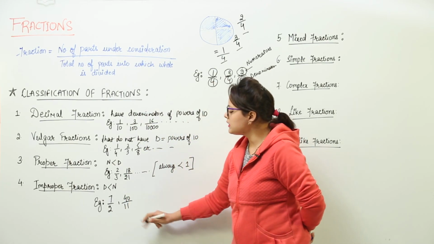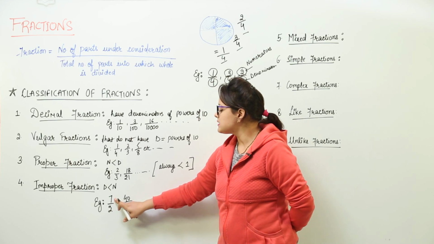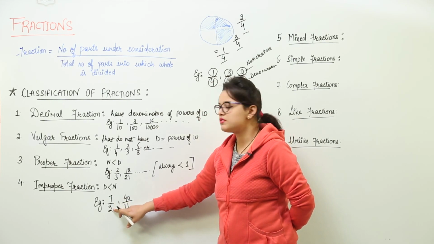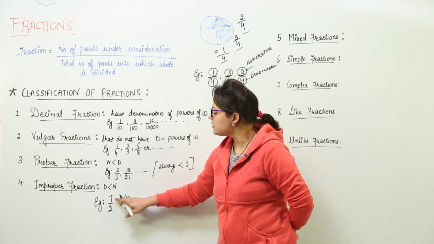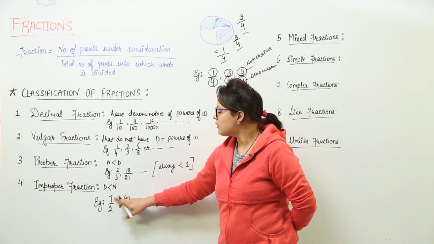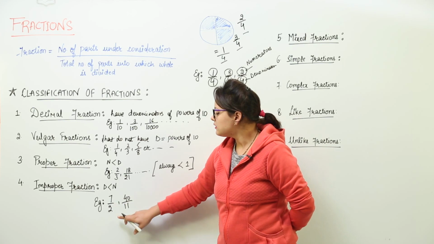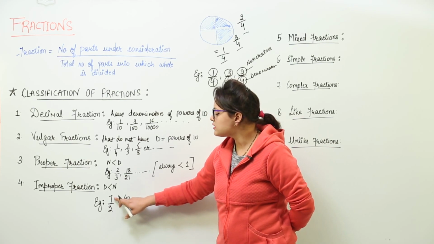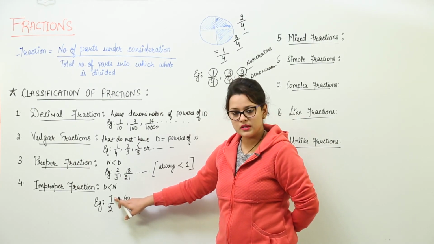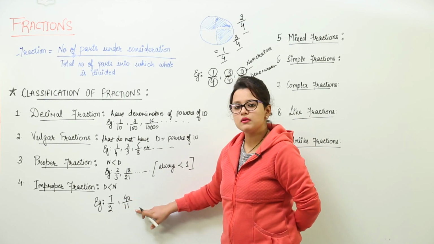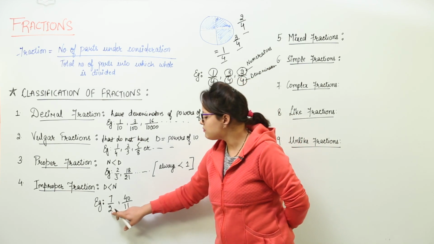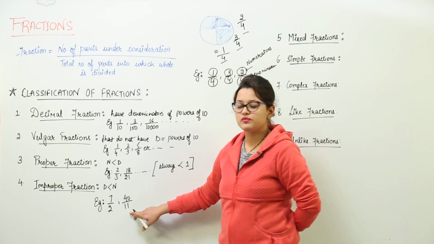Both have numerators 7 and 40, whereas their respective denominators are 2 and 11. We can check here that the denominator is lesser than the numerator. Why? Because 7 is a bigger number compared to 2, and 40 is a bigger number compared to 11. So both of these are improper fractions.